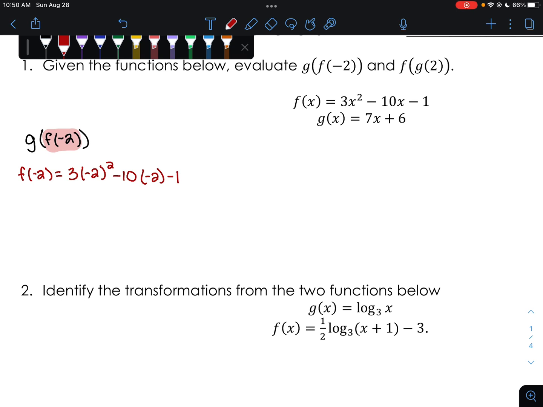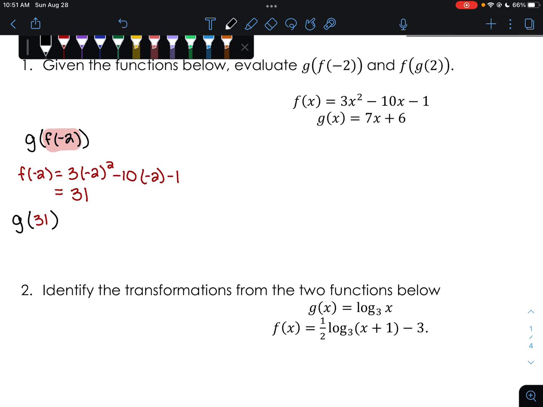You could type that directly into your calculator if you wanted to. And if you did that, f of -2 is going to equal 31. Now that we know f of -2, we can change f of -2 to 31 in our equation.